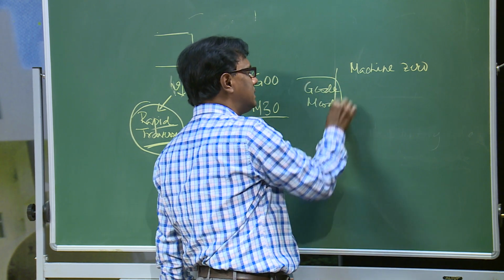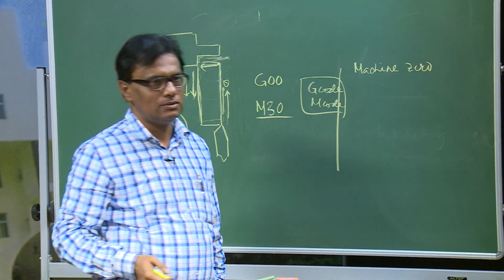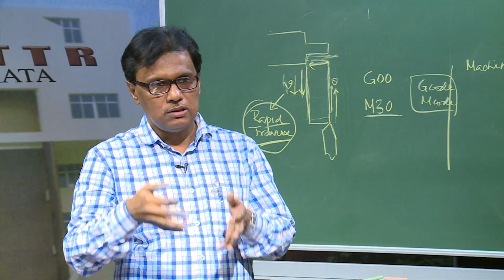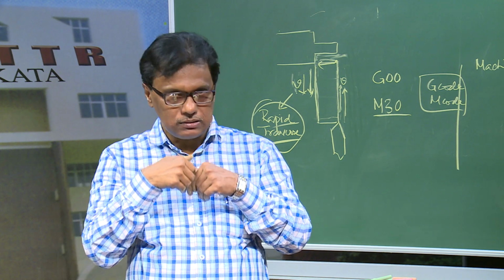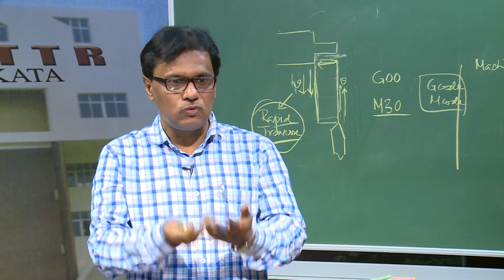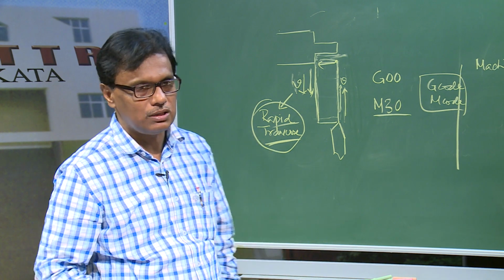And once you purchase a CNC machine, the list of G codes and M codes applicable for this machine is given in the manual of the machine.